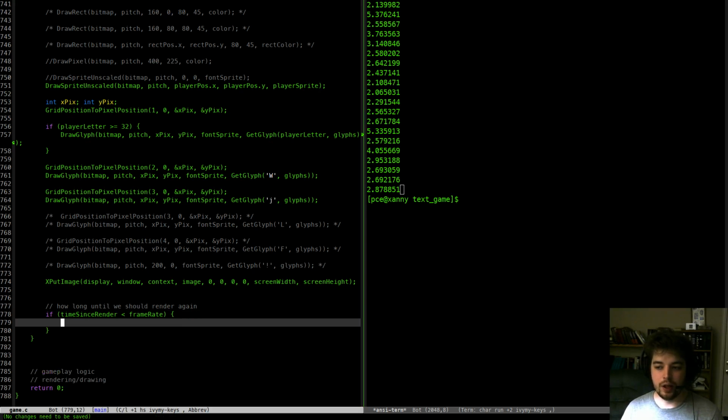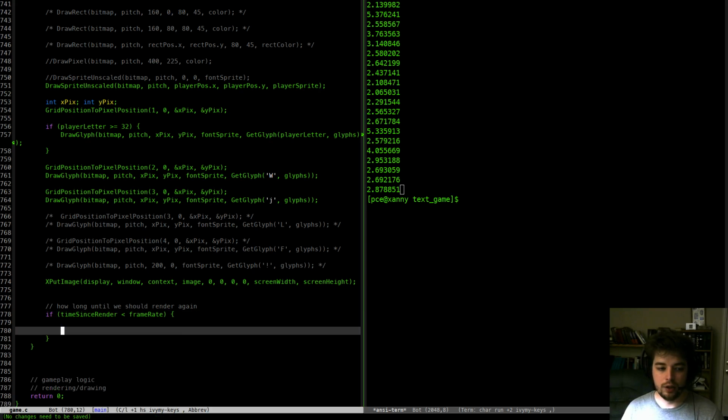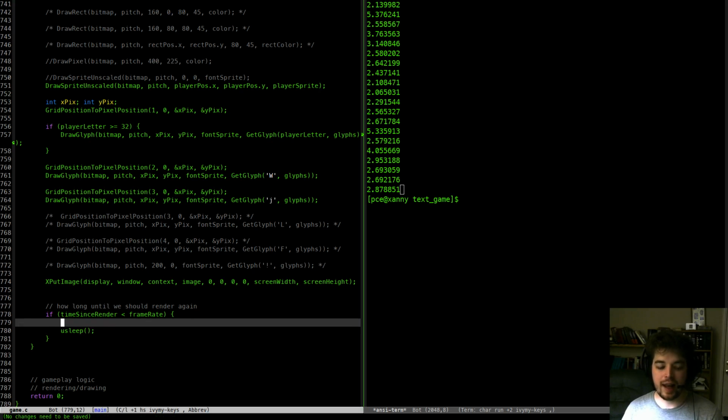then we are going to use this function which is called usleep. This is going to tell the CPU that, hey, this program that's running doesn't need to do anything right now. You can go ahead and slow down, stop trying to compute things as quickly as you can, and just rest.